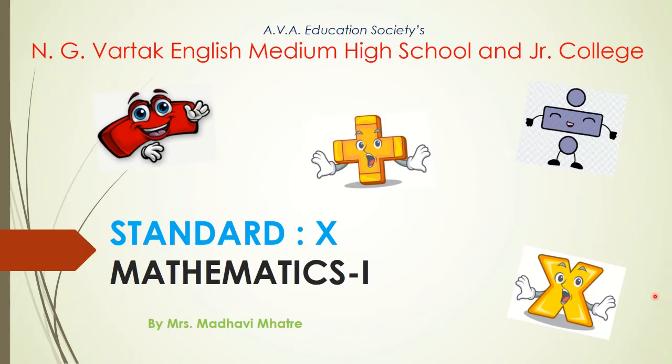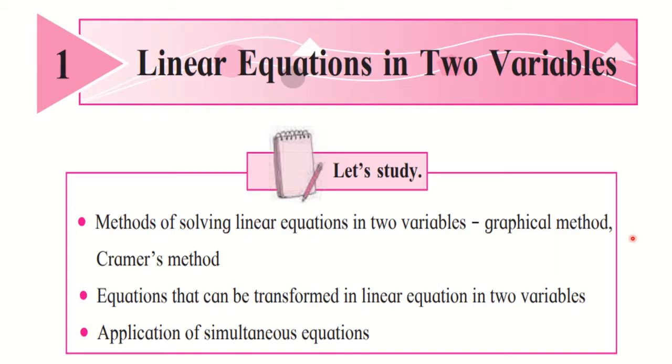In the previous lecture, we started with chapter number 1, that is linear equations in two variables. In that, we are seeing the methods to solve the linear equations which we studied in 9th standard. As I have told you earlier, there are two types of methods which we have seen in 9th standard.